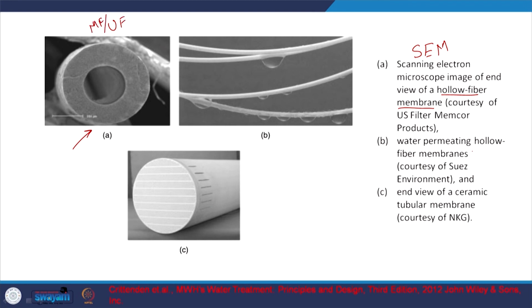Water will go through the screen, through this hollow portion here, and the particles are going to be filtered out here and the water will permeate through. So, that is one way for it to go out. The permeate will be here, and the particles are going to be removed or filtered at this particular surface. And a different one, a ceramic tubular membrane, again a different kind of membrane, but I just wanted to show that.